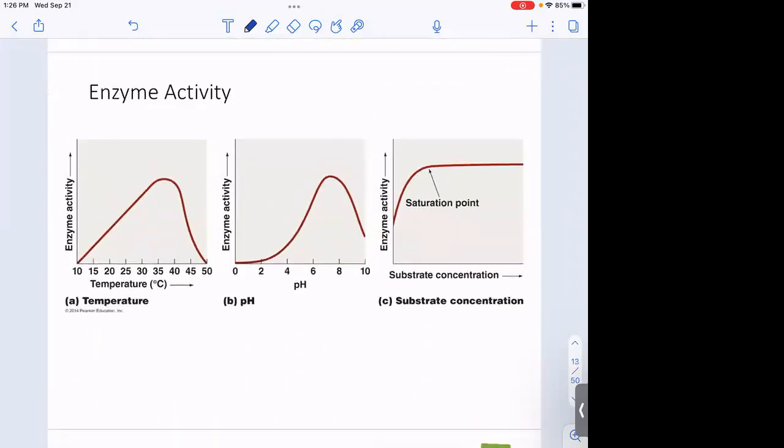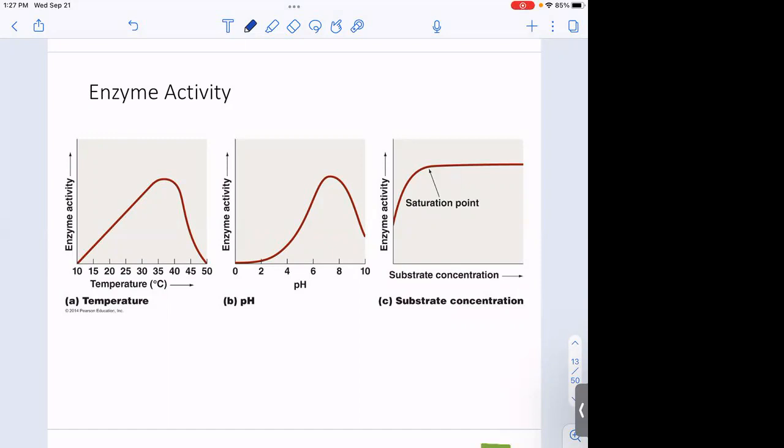Enzyme activity can be dependent on environmental factors. Last lecture, we talked about how bacterial cells will grow at different rates depending on the temperature or the pH. That really comes down to the ideal temperature or pH of the enzymes that are in the cell.